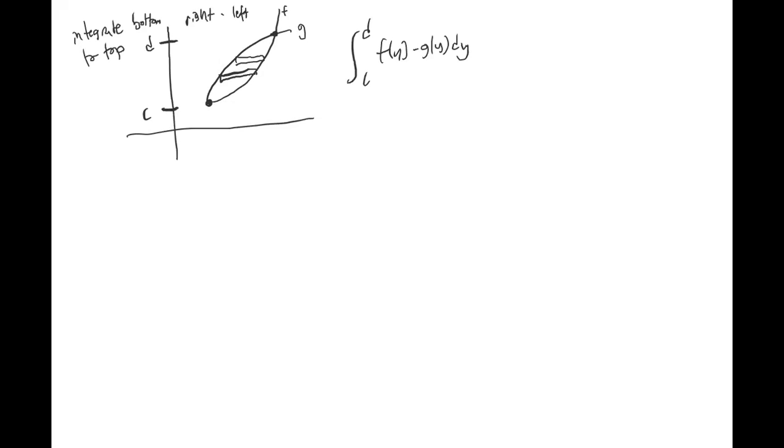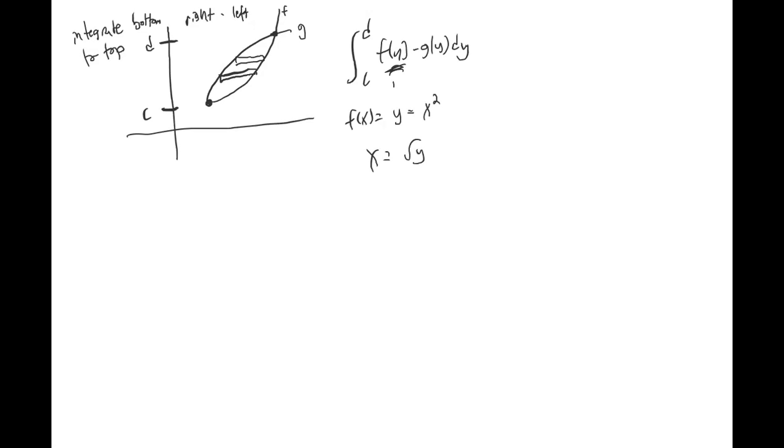So let me be clear on this. If f of x was, say, y equals x squared, then what I mean by f of y is that you solve for x in terms of y: x is the square root of y. Then you take the appropriate one.